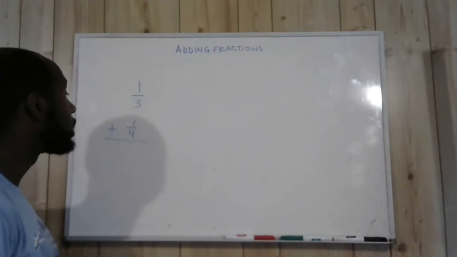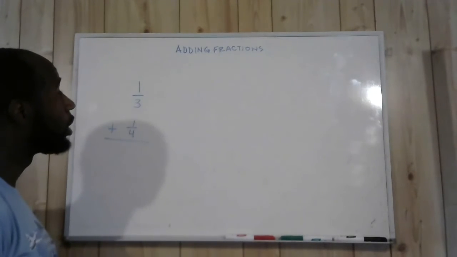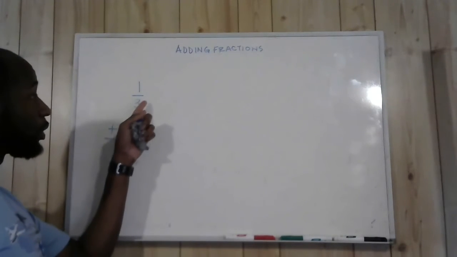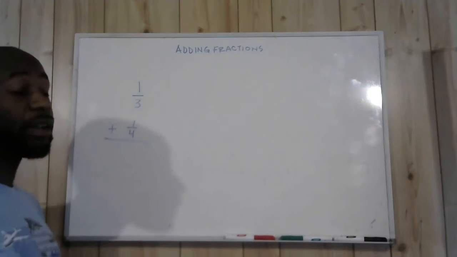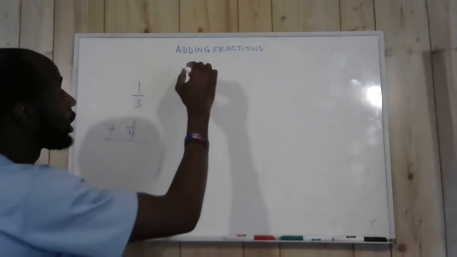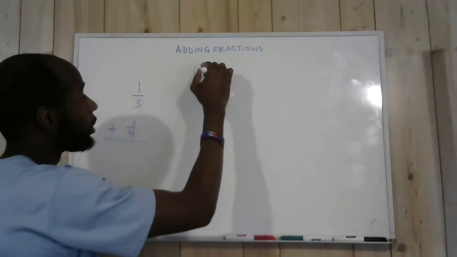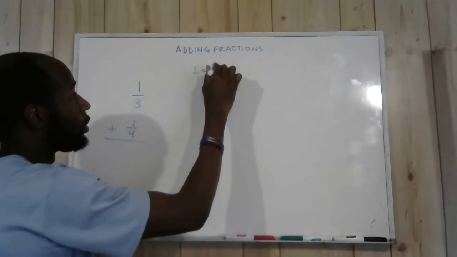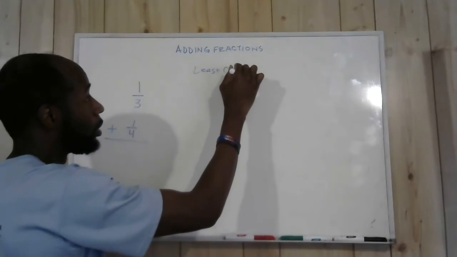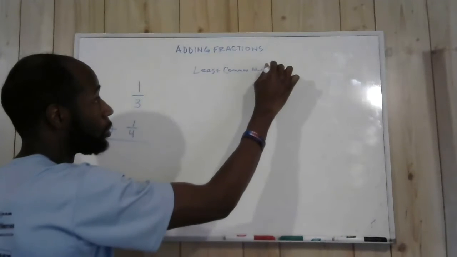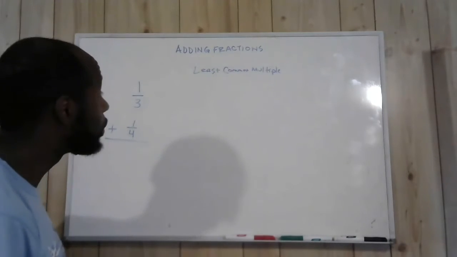All right. So to do that, you have to think about the multiples of 3 and the multiples of 4, and then find the least, that means the lowest, common multiple. Okay, so let's do that separately here.